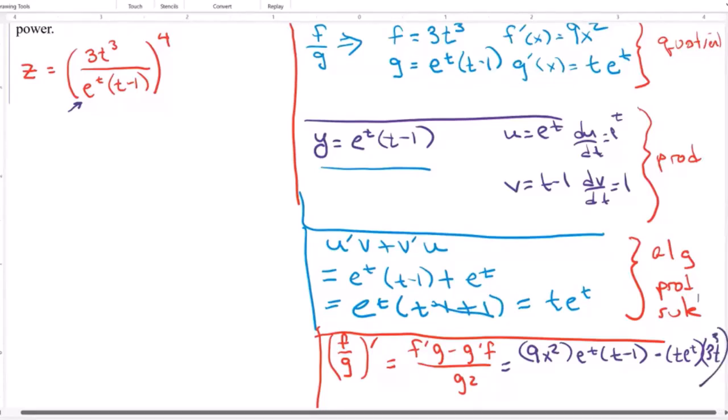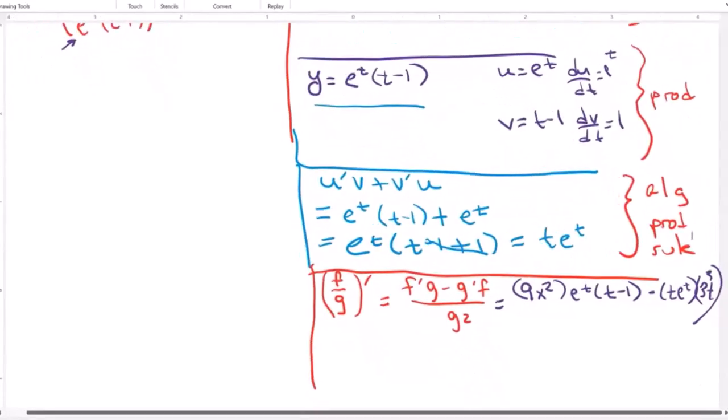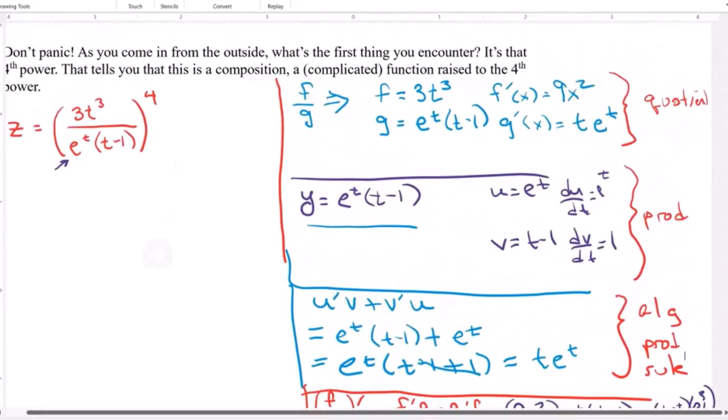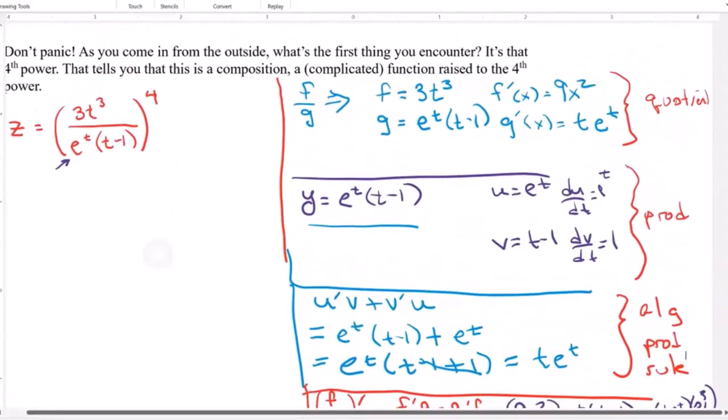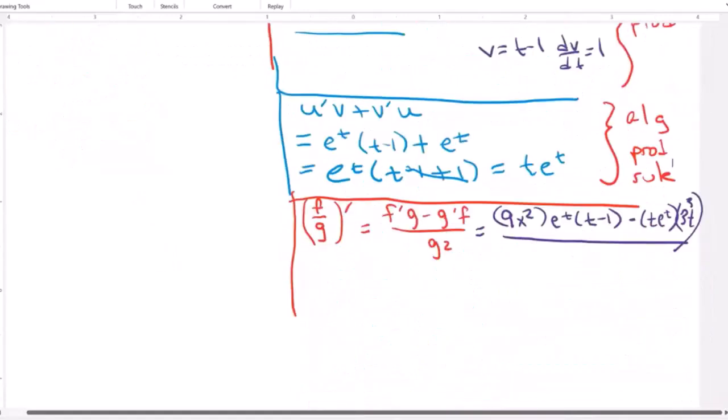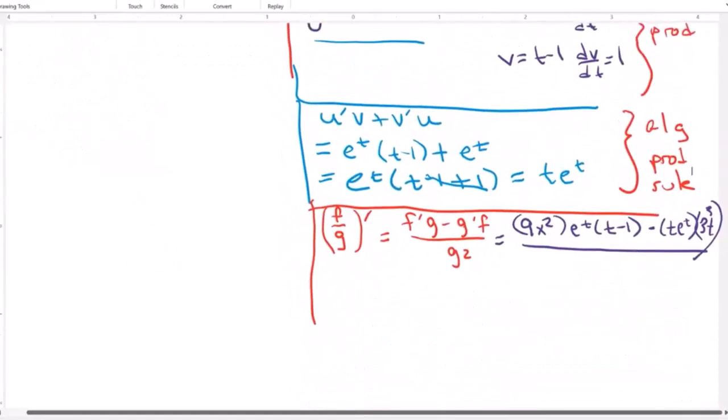Sorry, I'm getting so smushy in there. Okay. That whole thing is going to be divided by g squared, and we said g is e to the t times t minus 1. E to the t times t minus 1, this whole thing squared.